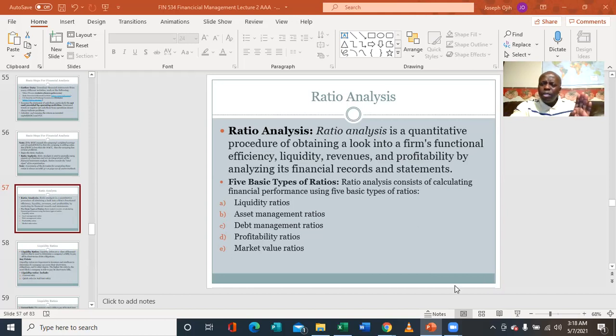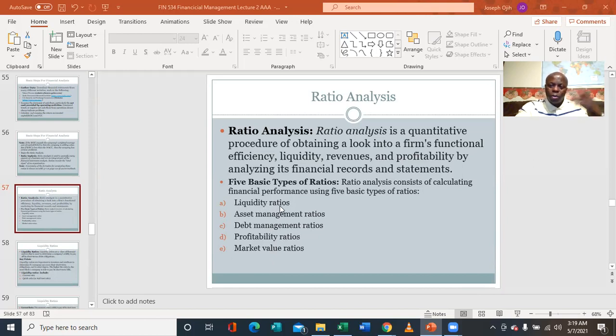Now, we have 5 basic financial ratios that we use to check the vital signs of a company. We have the liquidity ratios, asset management ratios, debt management ratios, profitability ratios, and market value ratios. Today, we'll be working only on the liquidity ratios for Walmart.